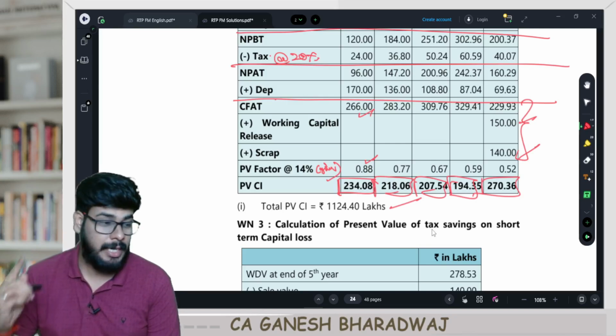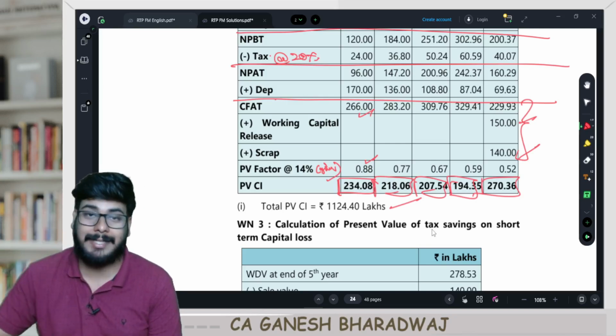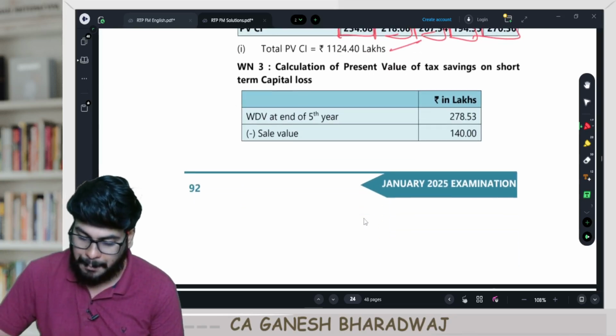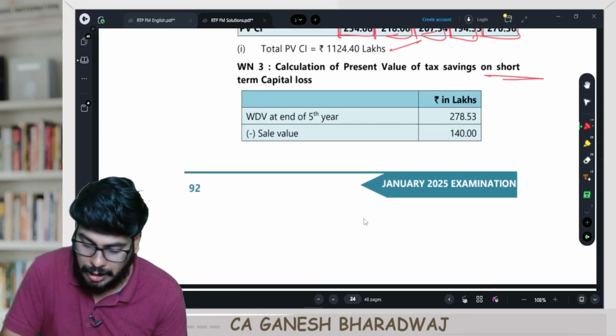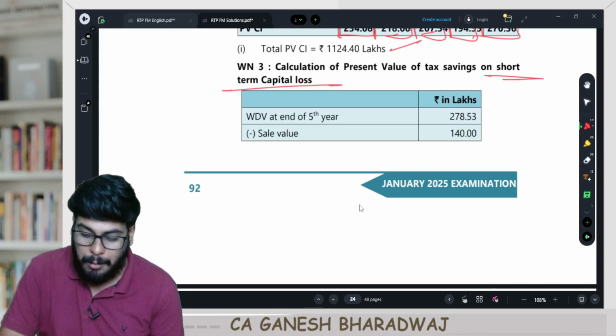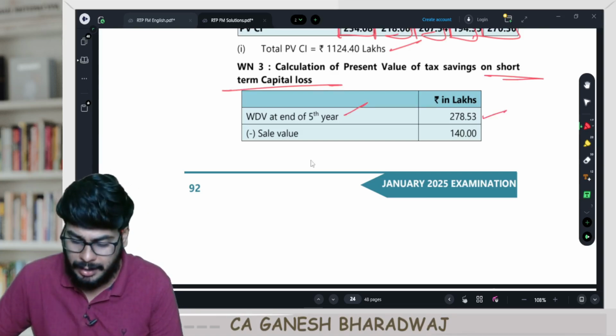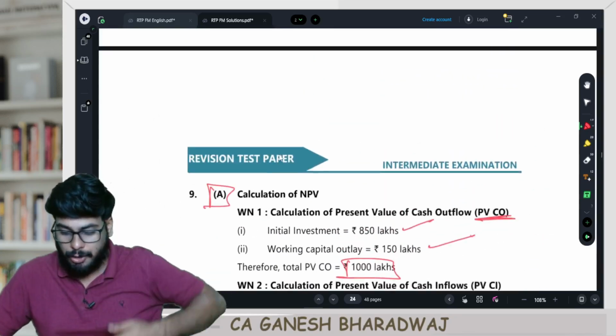But wait, you also need to consider the tax impact. There is going to be a short-term capital loss and all. The present value of tax savings on short-term capital loss. Now, WDV at the end of 5th year is 278.53. How do you get this? If you prepare that WDV schedule, you will know.